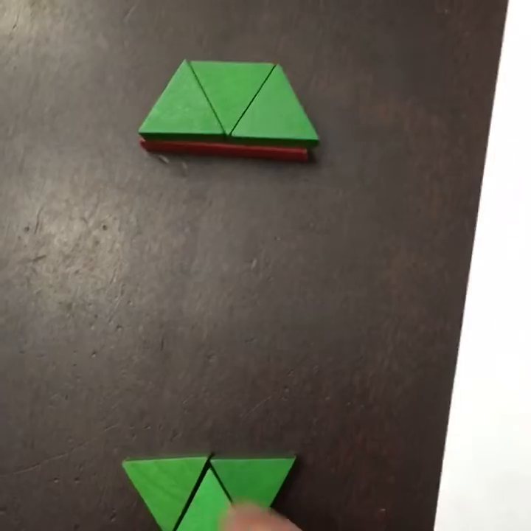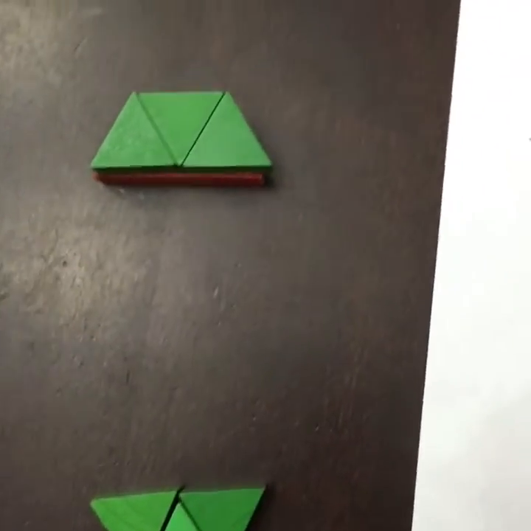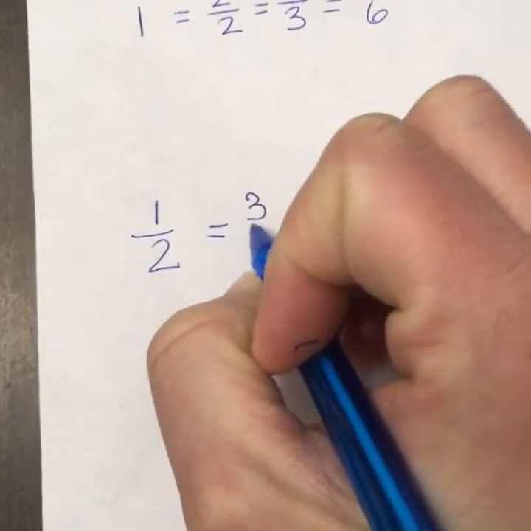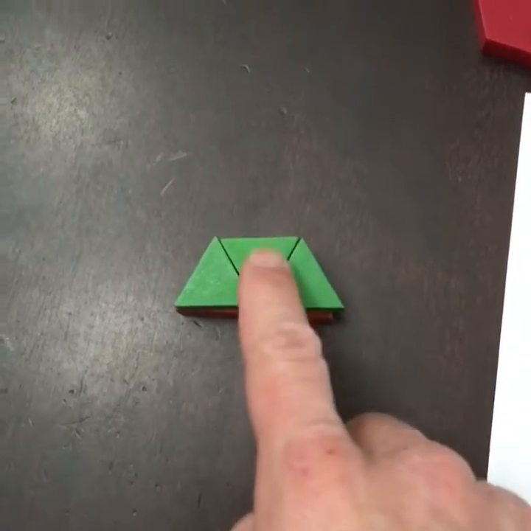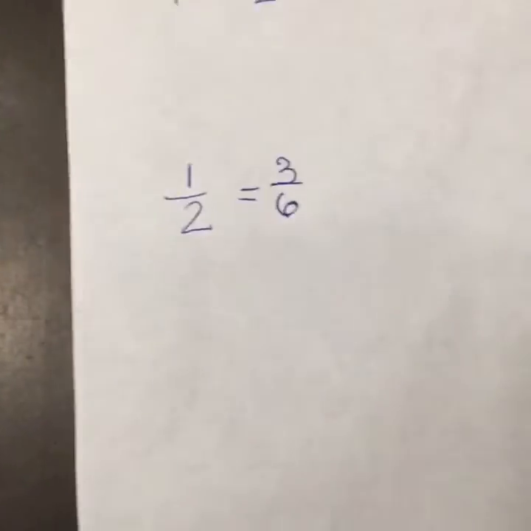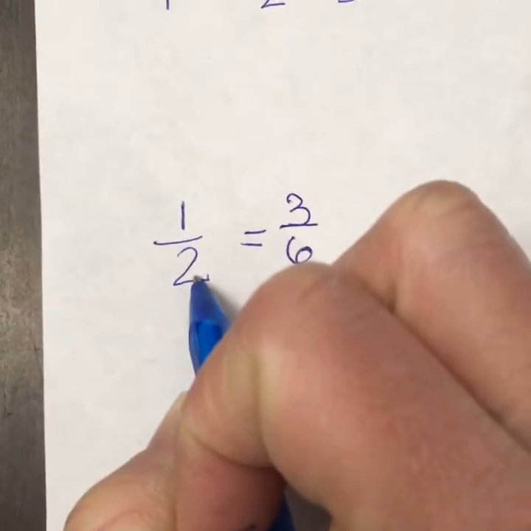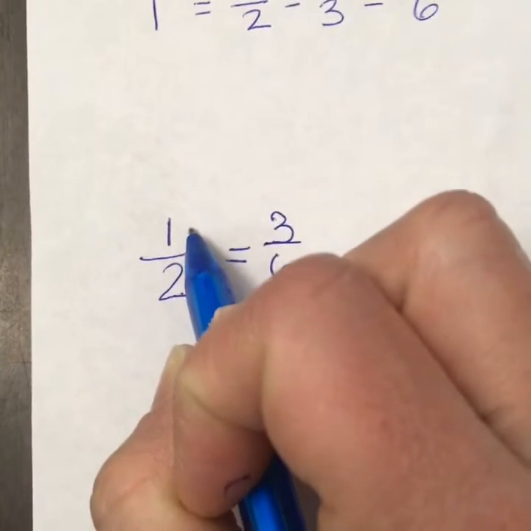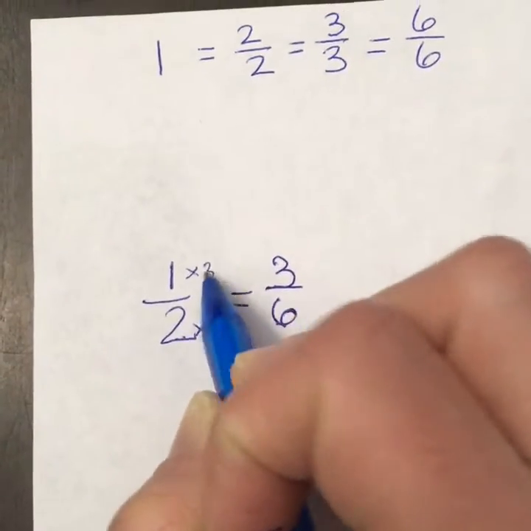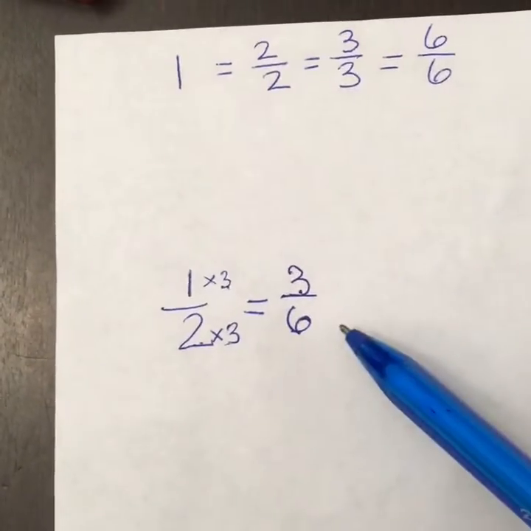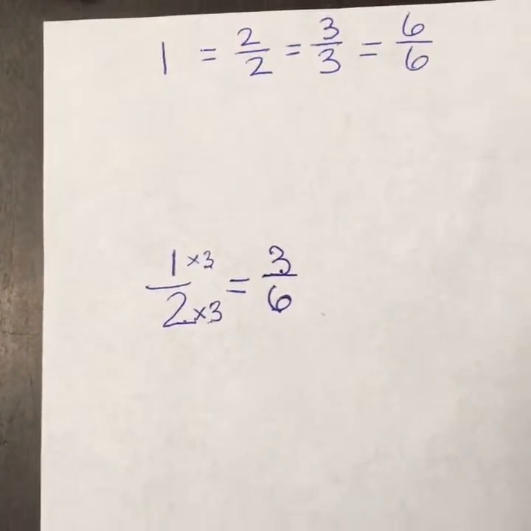That's because 6 of them make the hexagon. So I can say 1/2 is the same as 3/6. I took 3 of the parts when I break it into 6. Just like we did on the board, notice to get the equivalent fraction, 2 times 3, that gives me 6. Whatever I multiply the denominator by, I have to multiply the numerator by, so 1 times 3 is 3. So 1/2 is equivalent to 3/6.